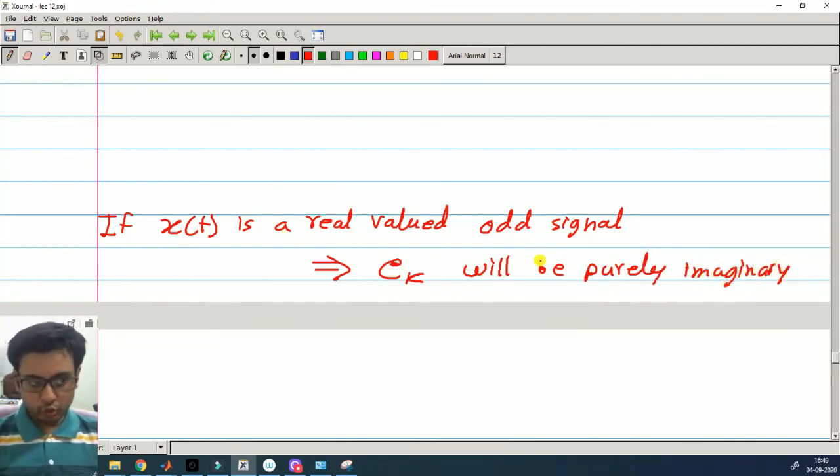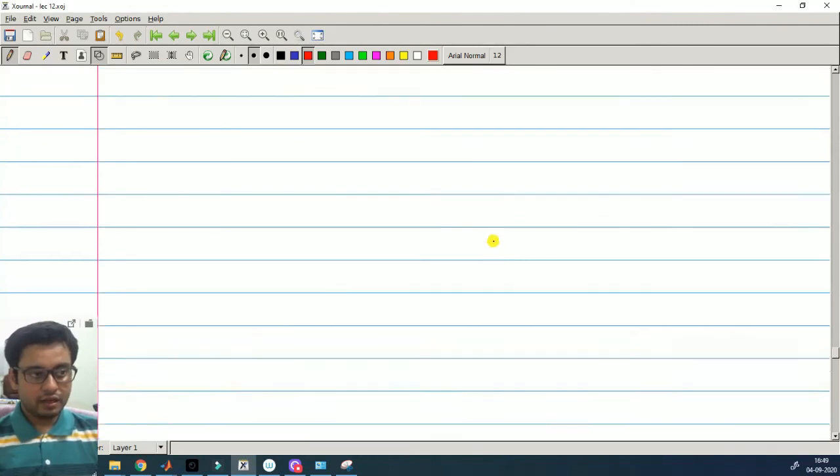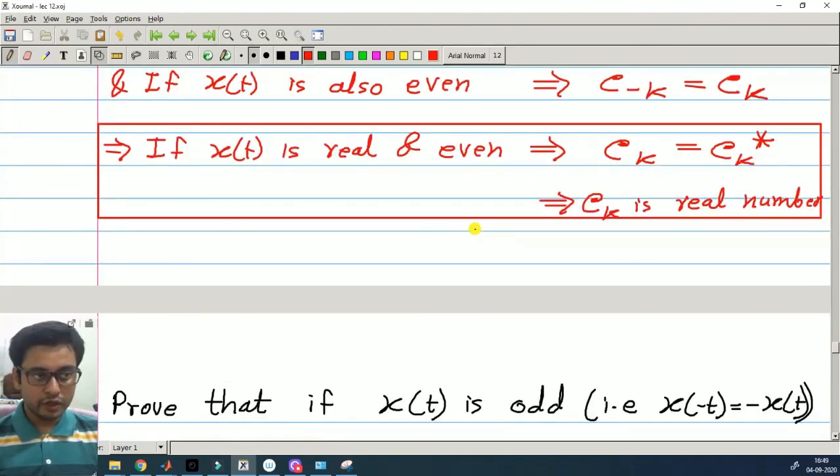This is your homework, and we already have proved that if x is real and even, then Ck is a purely real number.